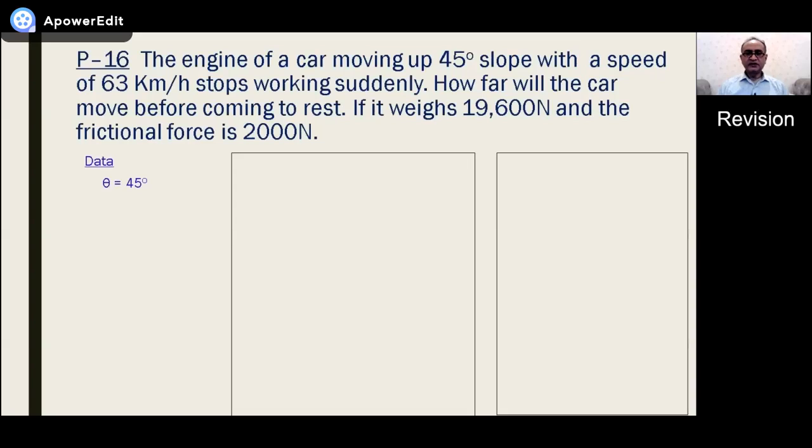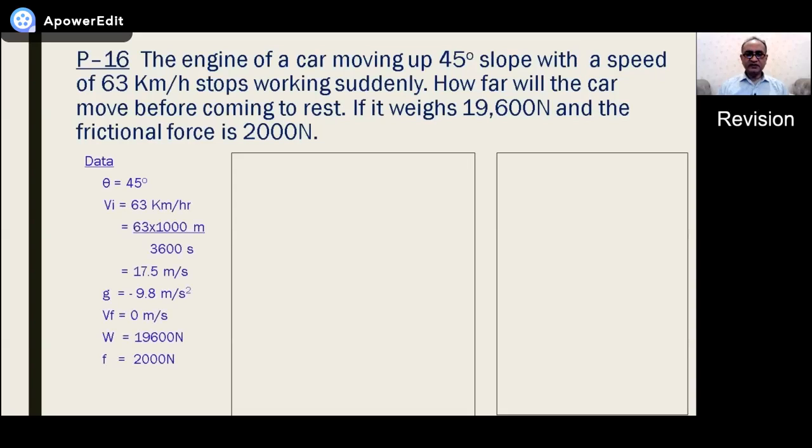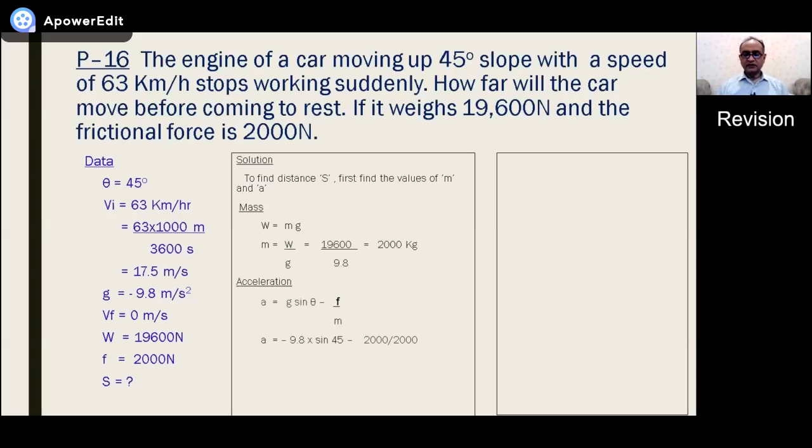So in this case, we'll find the acceleration, but with a slightly different formula. First we convert weight into mass. You know that W is equal to mg. Changing it, it becomes m is equal to W upon g. Substituting the values, we got the mass, 2000 kilogram.